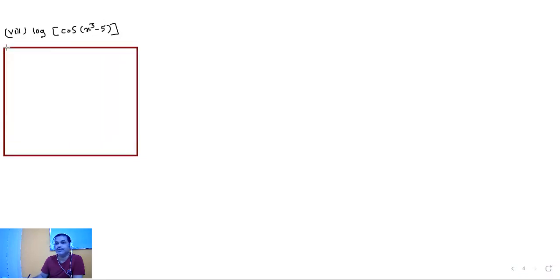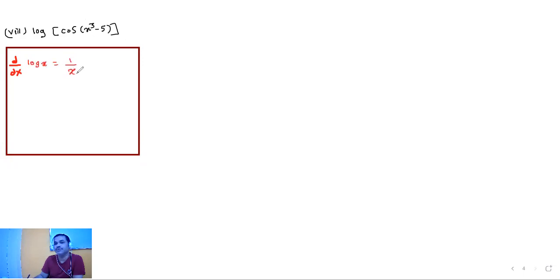So first write down formulas which are necessary for us to solve this sum. So let's write down the formula so that we remember it. So d by dx of log of x is always equal to 1 by x.